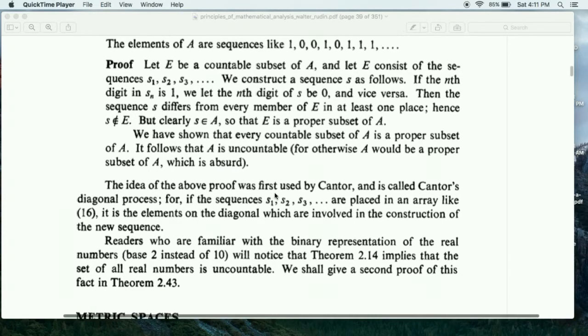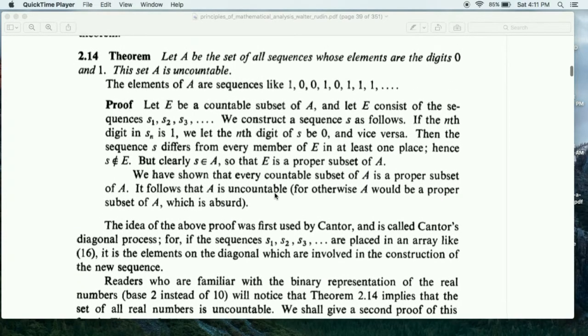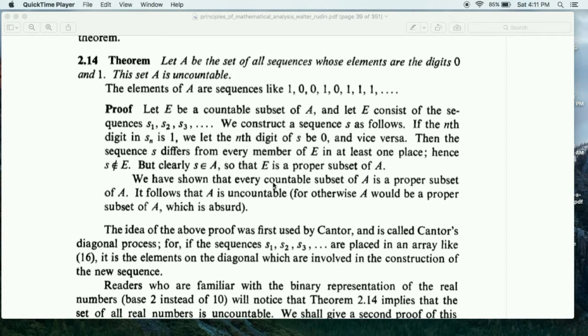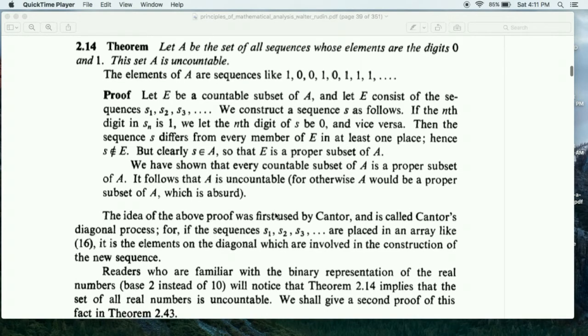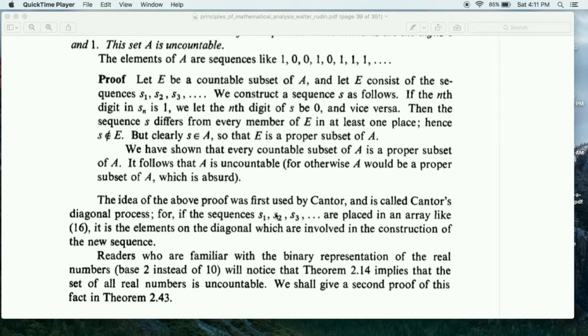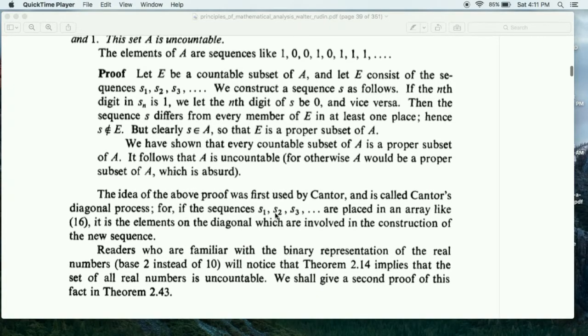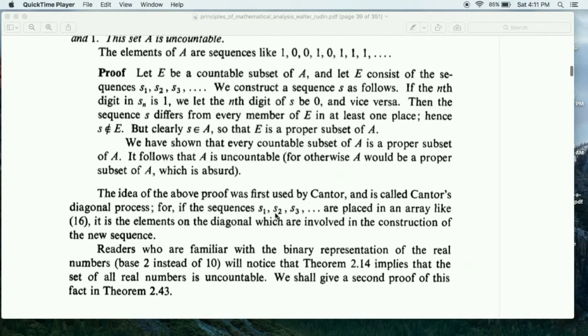So A is uncountable because any countable subset of A is a proper subset of A. Now this idea was first shown by Georg Cantor.